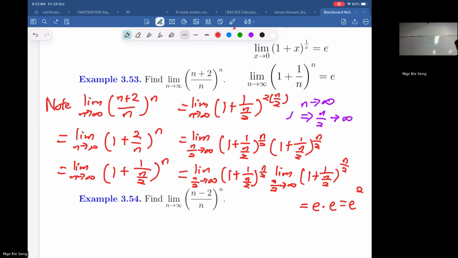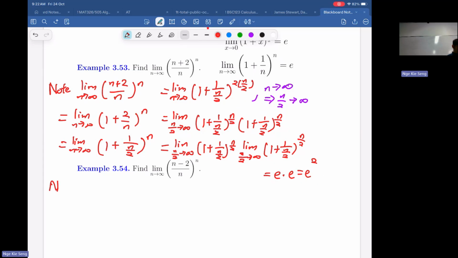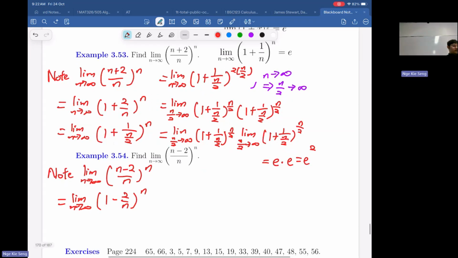How about the next one? The next one is also quite fun. We play the same game. We simplify the quotient such that we get 1 minus 2 over n. And then what can you do next?